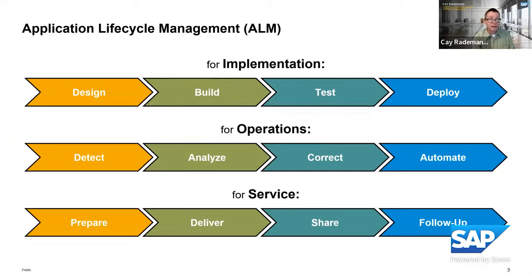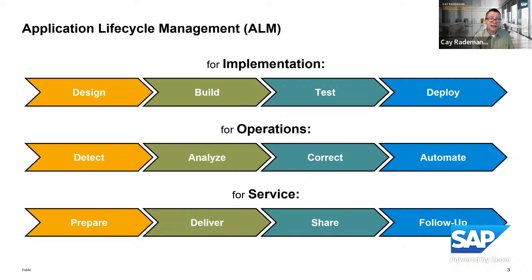But now let's really go into the topic. And first of all, there might be some of you that are not so experienced with Application Lifecycle Management. Let me briefly give you a definition of Application Lifecycle Management. Application Lifecycle Management is everything you do for managing your business applications throughout the entire lifecycle. So this includes first of all, of course, the implementation.